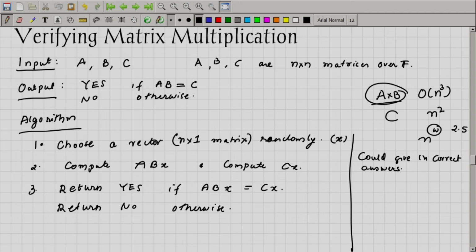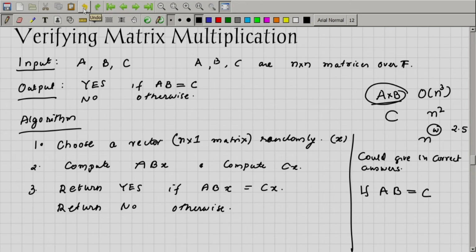For example, if AB is equal to C, no matter which random vector you take, you are always going to get the answer yes.